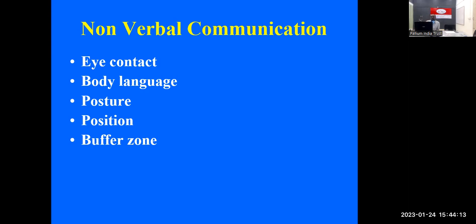So whenever we see patients, this is applicable. You can see some patients when they come and sit in front of you. Some of them might be sitting like this at first, and when you come and sit down, some of them might go like this. That means the distance between you and the patient is not proper. You have actually intruded into the comfortable space. So you have to see these things.